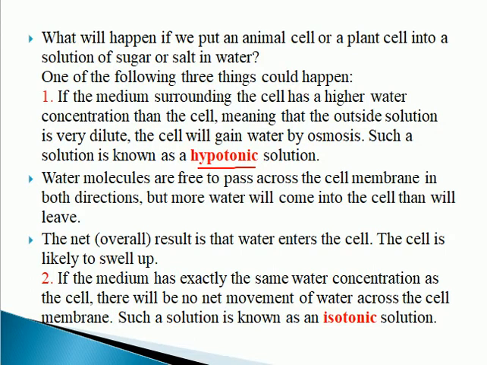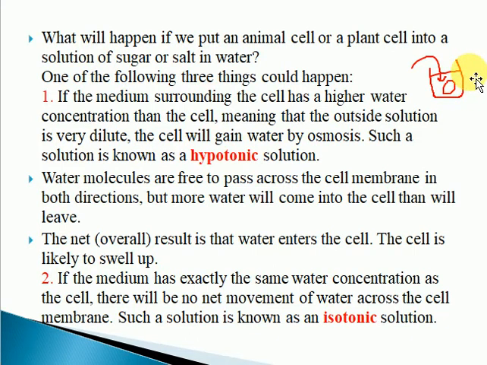Now you try to understand this particular situation. There is a beaker, and in this beaker we are keeping a cell. It could be a plant cell or an animal cell. Okay, we have placed a cell here.